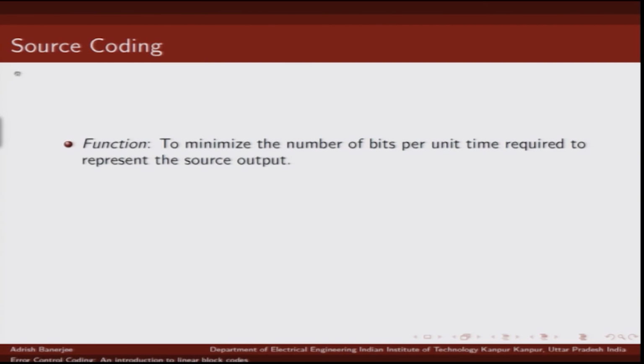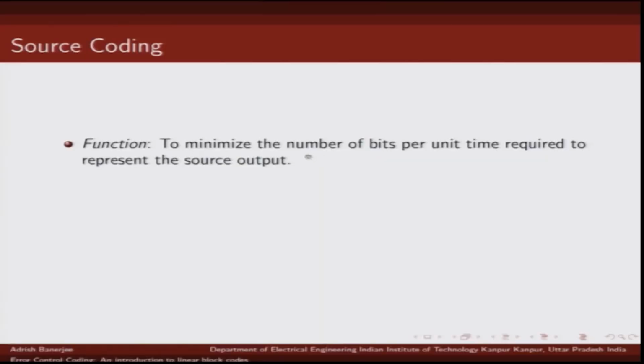The first is our source encoder, and as I said, this does source compression, source coding, and its objective is to represent your source in the minimum number of bits required. Our source, for example English text, has a lot of inbuilt redundancies.